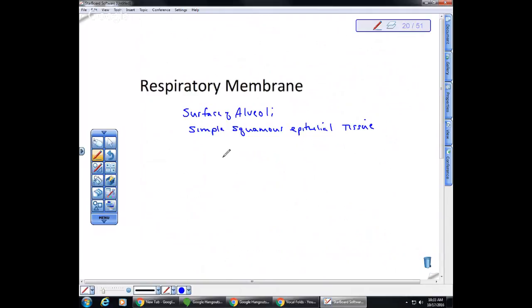So it is composed of a single layer of flat cells. Simple means single layer, then we have these flat cells. And this is where oxygen and carbon dioxide diffuse. They diffuse across and can be picked up by the capillaries that surround the alveoli.